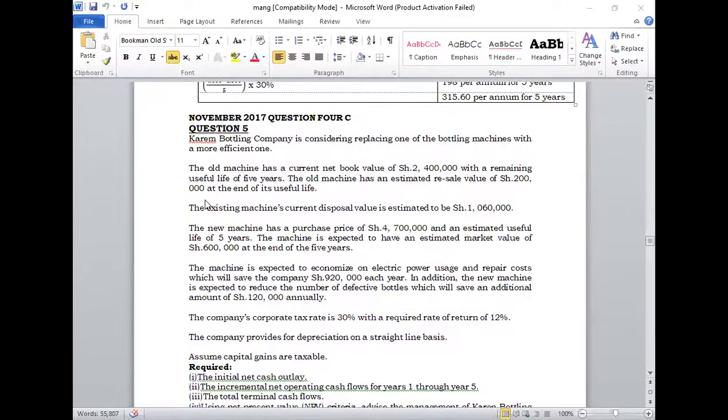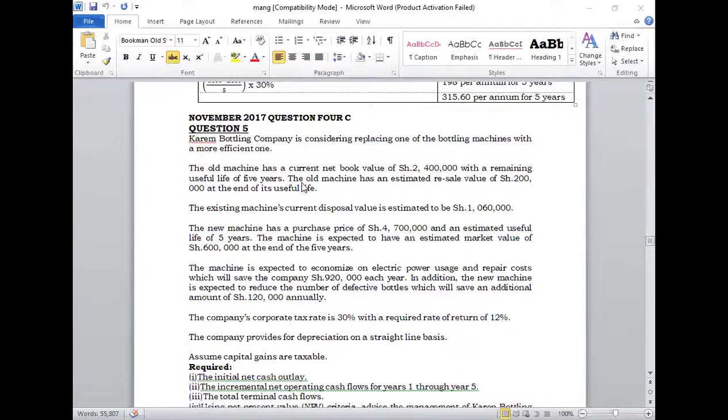So page number 102, we are told Karim Bottling Company is considering replacing one of the bottling machines with a more efficient one. The old machine has a current net book value of 2.4 million with a remaining useful life of 5 years. The old machine has an estimated resale value of 200,000 at the end of its useful life.